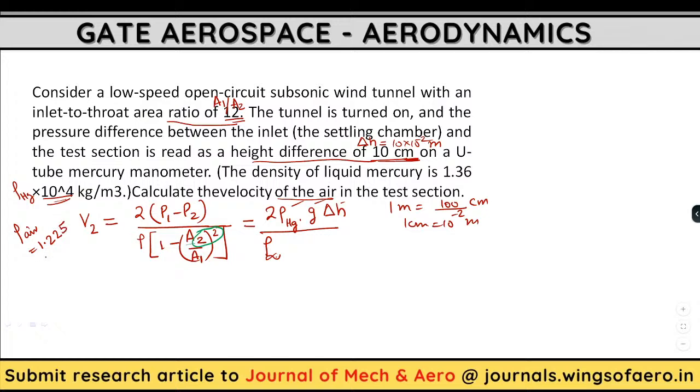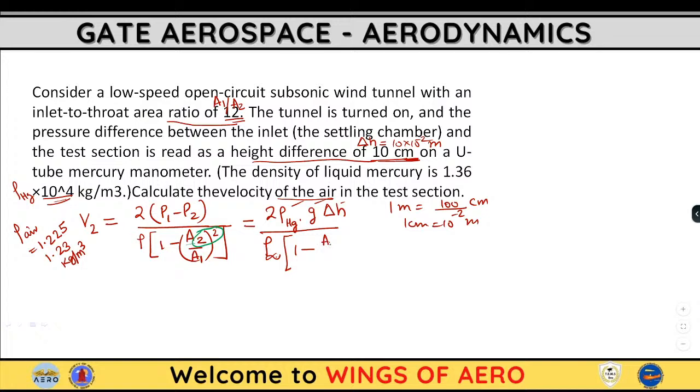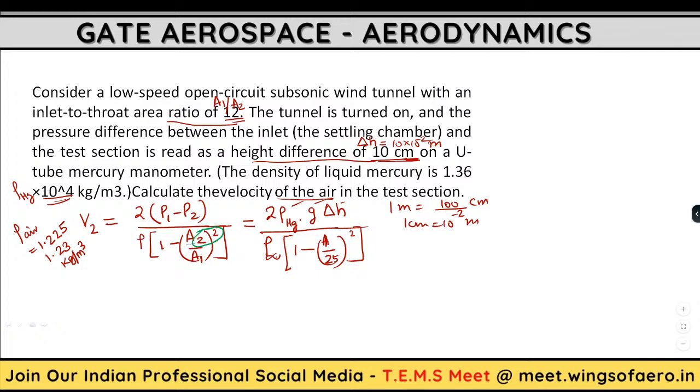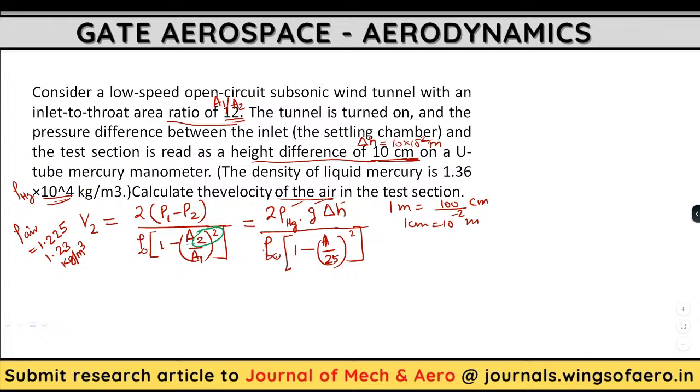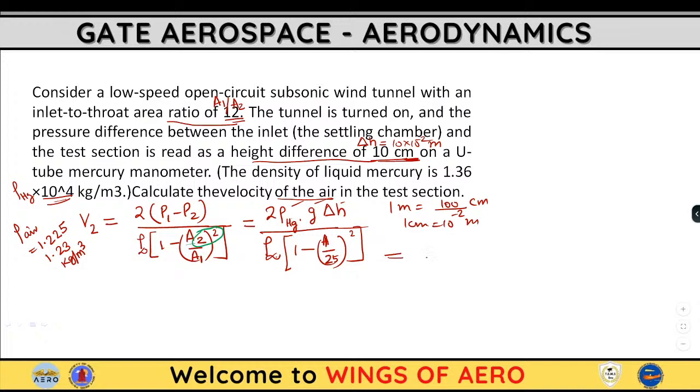You can also take 1.23. Remember the density of the air is known. Then 1 minus A2 by A1 means 1 by 12. You solve and let me know the answer. This is the free stream of the air. This is for the mercury. G is 9.81. Del H is 10 into 10 power minus 2. And from here you can find the V2 value.